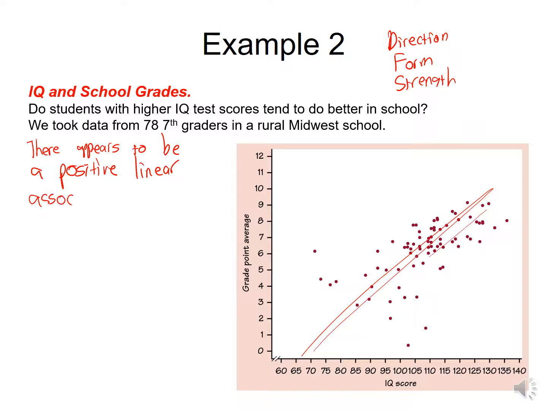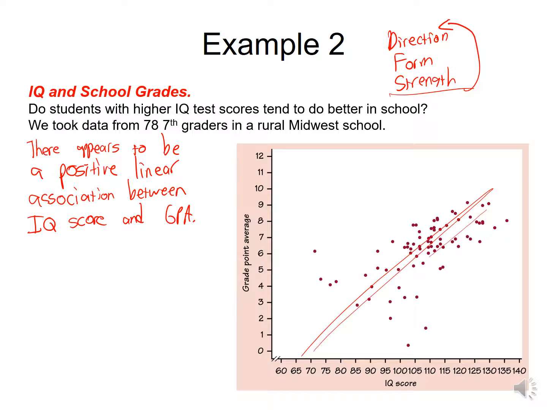association between IQ score and GPA. And then I'm missing strength. Really, I should have done strength, direction, form. I'd say it's moderate.